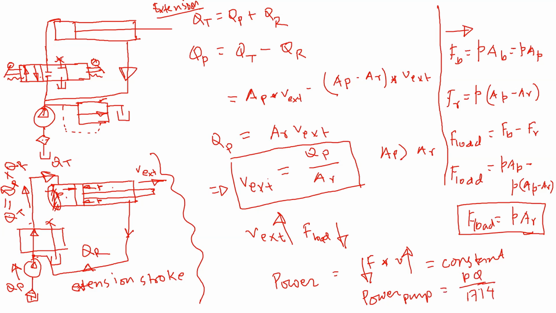That is the power of the pump. So just by increasing the velocity, we cannot really get more power. Then the force carrying capacity decreases and vice versa. So that's one of the advantages of the regenerative circuit. We can increase the velocity and carry a smaller load, or vice versa.